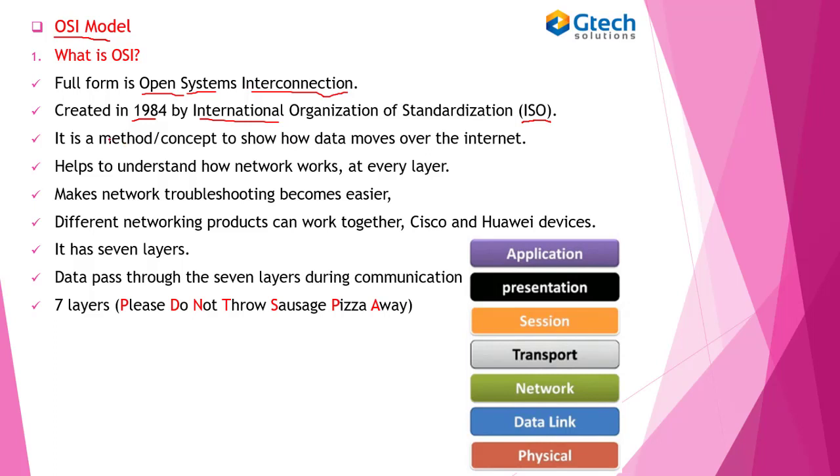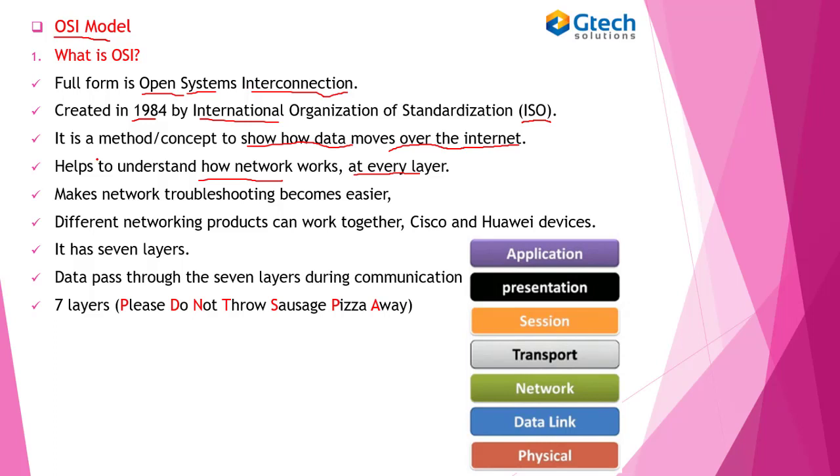So this is a method that shows how data moves over the network. The OSI model will help you to understand how data moves at every layer and how the network works at those respective layers.